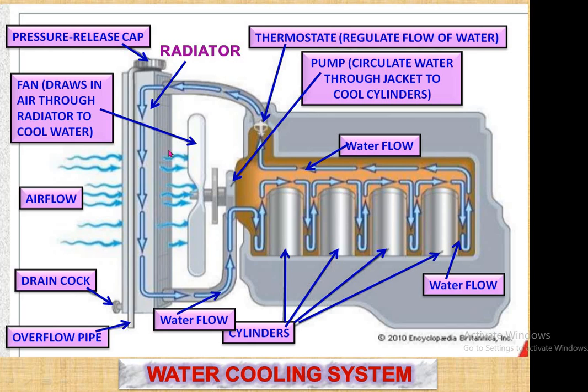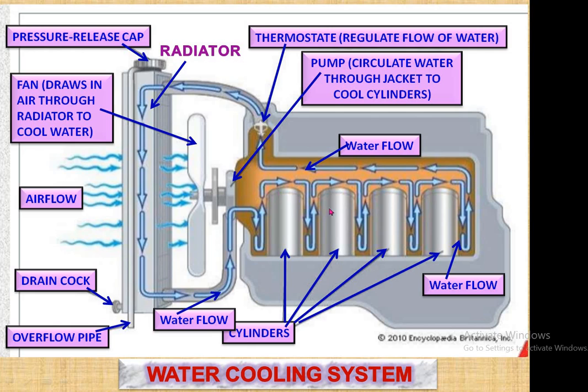This is the radiator core in which water circulates, and this fan, driven by the engine power, sucks the air, and the air current flows across the radiator and cools the water circulating inside it. Then due to the removal of the heat by the air flow, cold water comes at the bottom, and then it is again circulated in the engine. So this is the water cooling system.